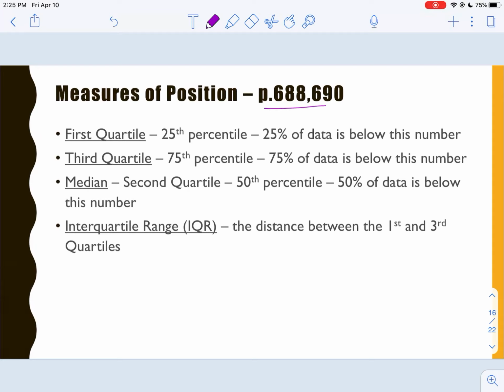First, maybe I'll just give you some thoughts and definitions. I encourage you, if you haven't, to read in the textbook. There's a lot of really great information there. But box and whisker plots are really setting up a measure of position as well as showing some variation at the same time. And so we're looking at quartiles of data. You already know the second quartile, but you know it as the word median, okay?